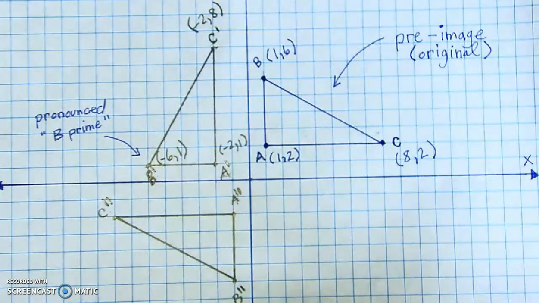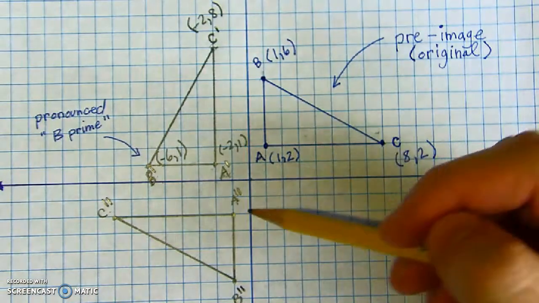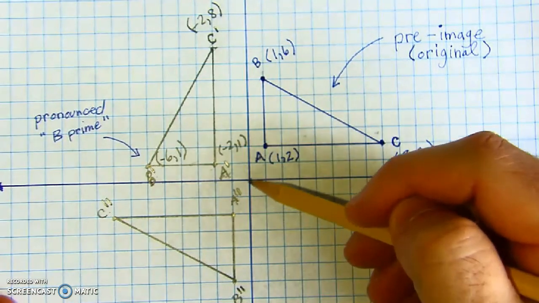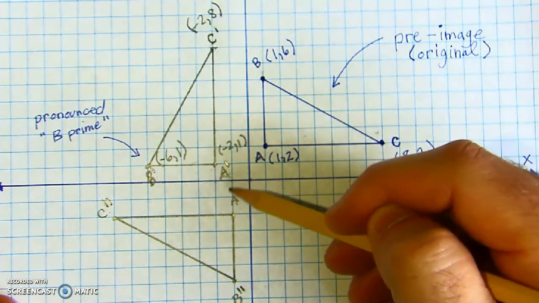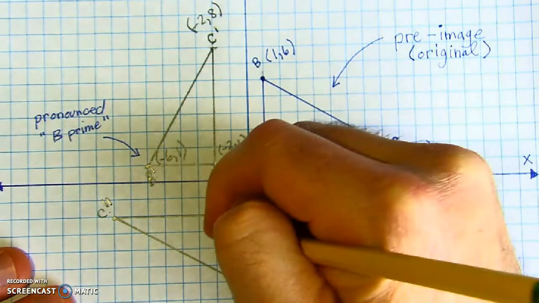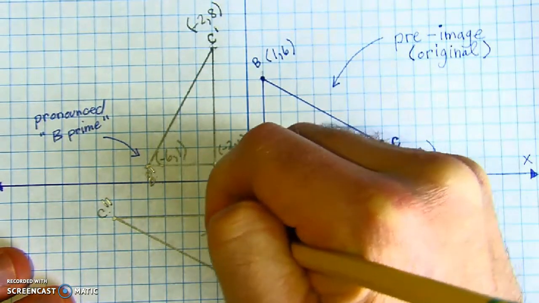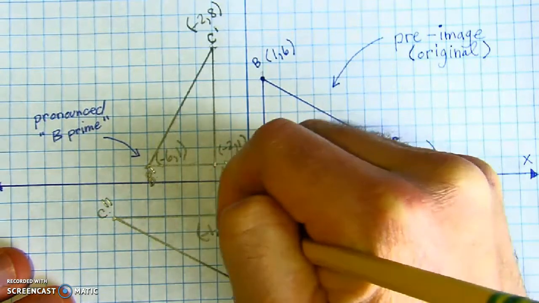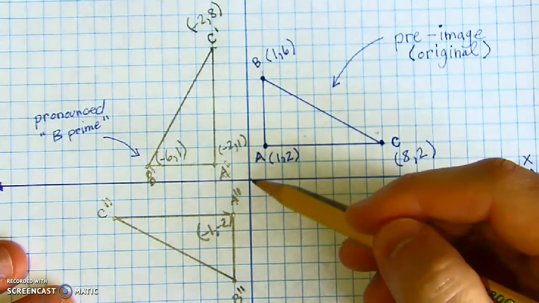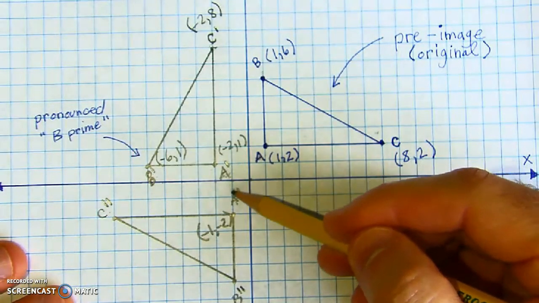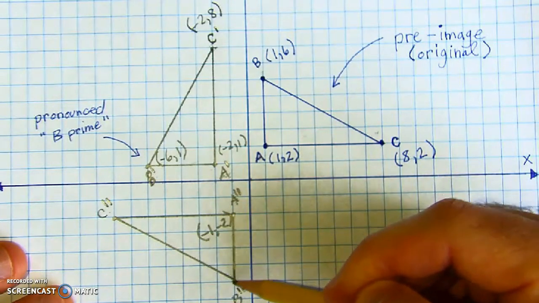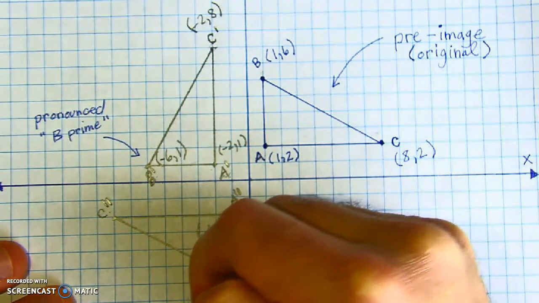All right, perfect. Let's find the new coordinates. This one is -1, -2. B double prime is -1, 1, 2, 3, 4, 5, 6, -1, -6.